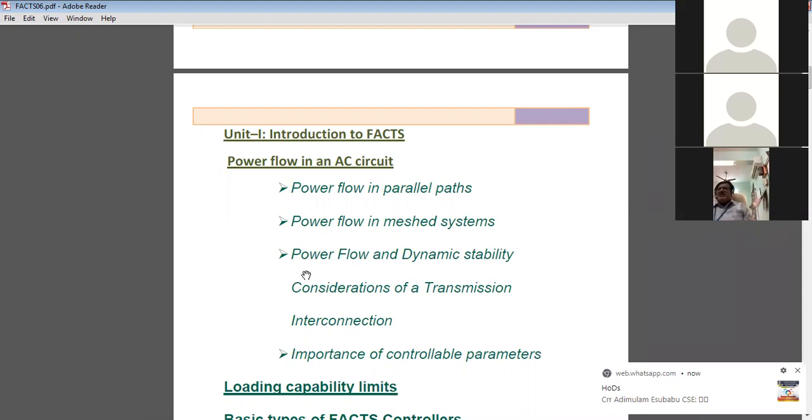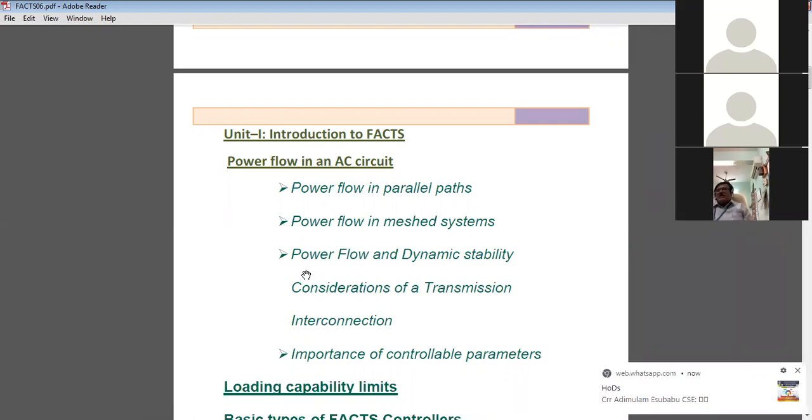Then power flow in parallel paths we have discussed, power flow in machine networks we have discussed, and the phasor diagram, how real and reactive powers are calculated, and how power flow diagrams look. Up to 90 degrees the power increases, as you might have seen. After 90 degrees power goes on decreasing, and it is not a stable condition.